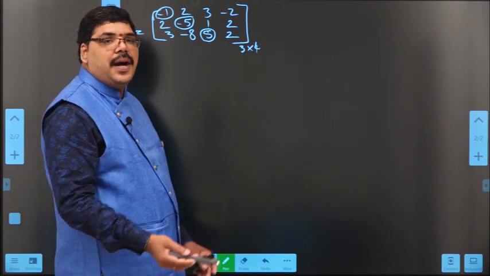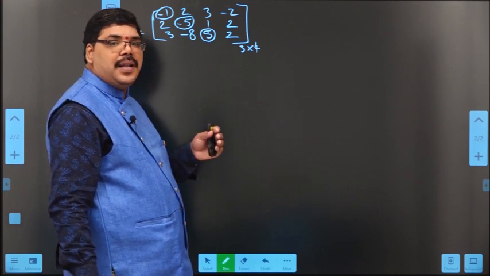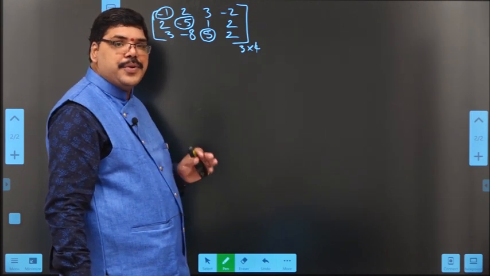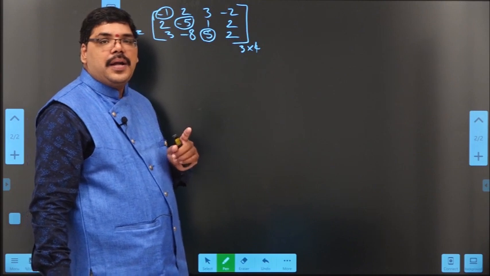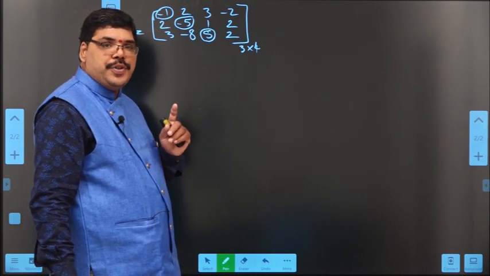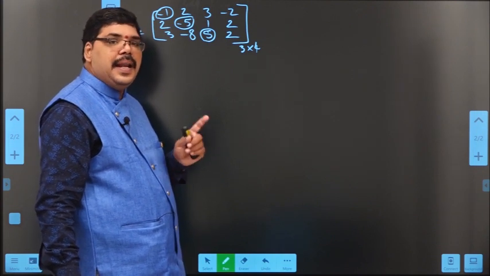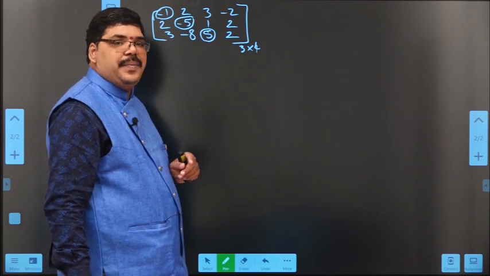So, as we already did in the previous problem, we try to reduce all the elements below the principal diagonal into zeros by using appropriate row operations. Remember, when you are converting an element which is in the first position of a row into 0, we should use the first diagonal element. And if you are converting an element which is in the second position of a row, you should use the second diagonal element and so on.